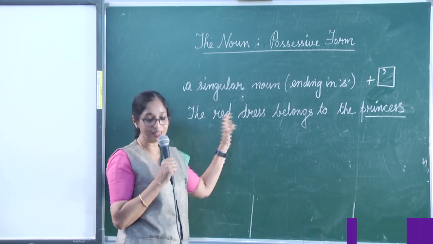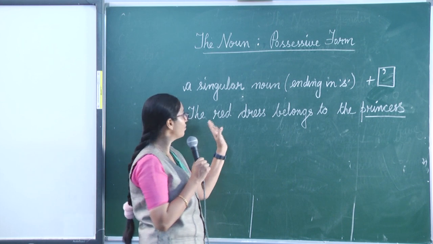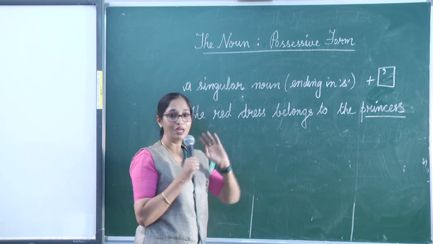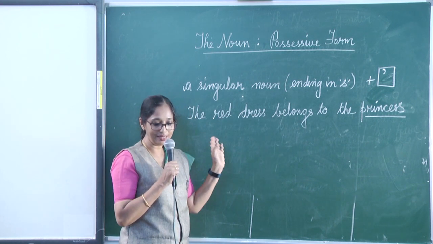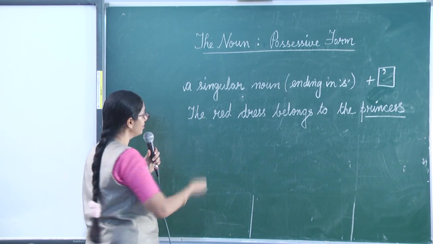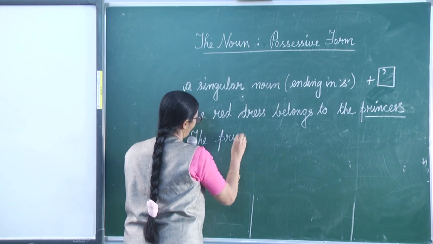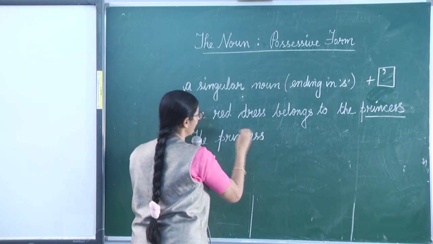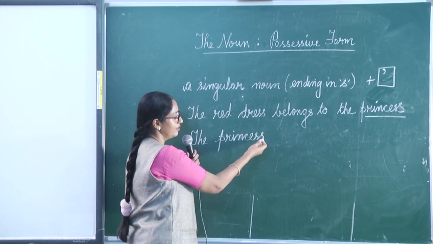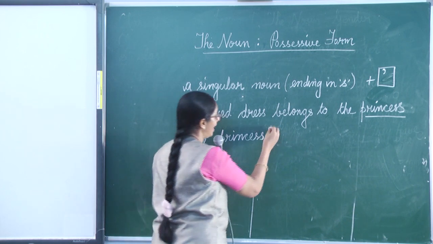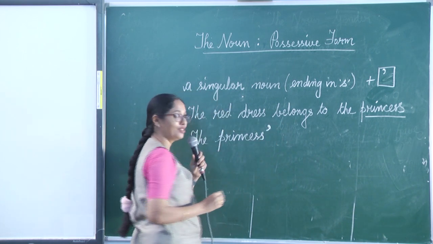So how will you write the possessive form of this? The red dress belongs to the princess. We can write it in this way: the princess' dress is red. See, I have written the word which ends in s and an apostrophe after this.